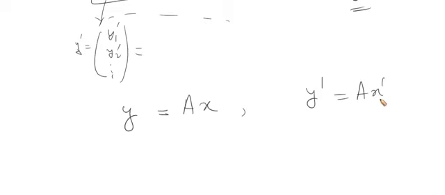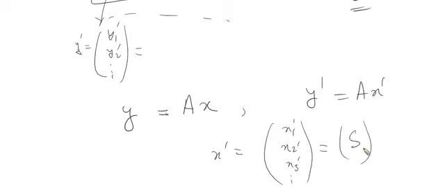And what will happen is that each of the components within this x prime, that is, if you write x prime as, let's say, x1 prime, x2 prime, x3 prime, and so on, this will be just some S matrix, and here you'll have S inverse 1, x3, x4, and so on.